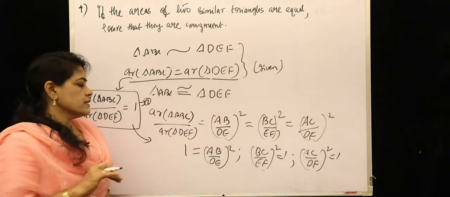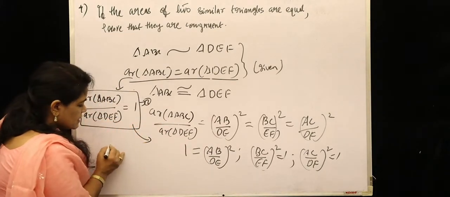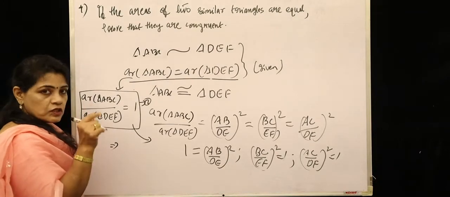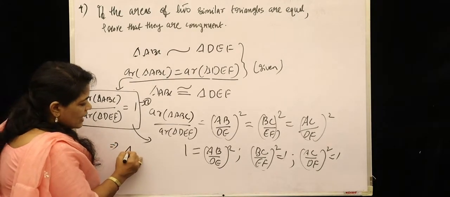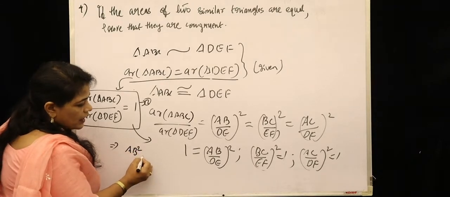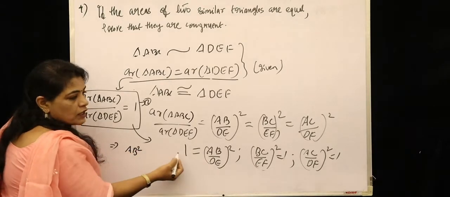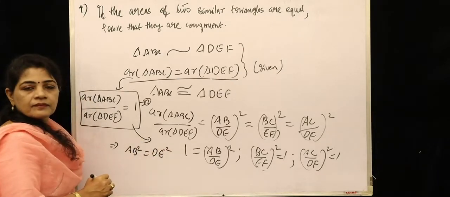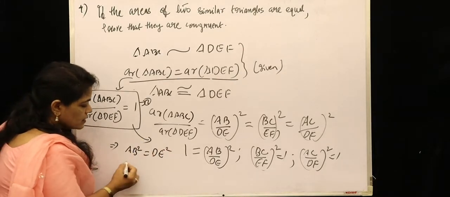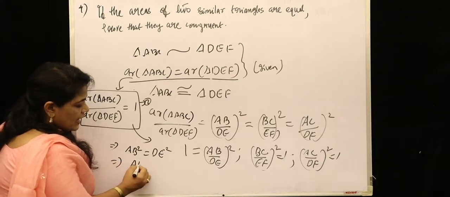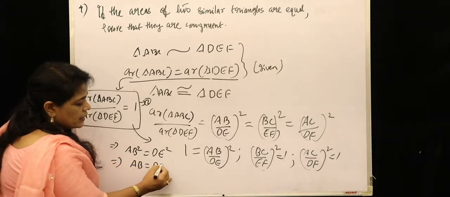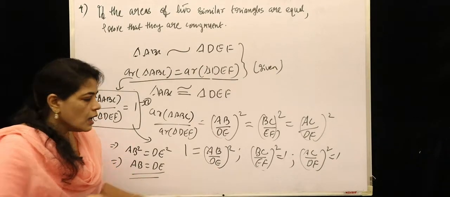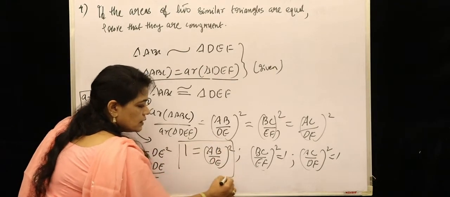Is it okay? Yes. So from this, the next step, our aim is to show that the sides are equal for both the triangles. That is AB square divided by DE square equals 1, or AB square equals DE square. By taking the square root, you will get AB equal to DE.